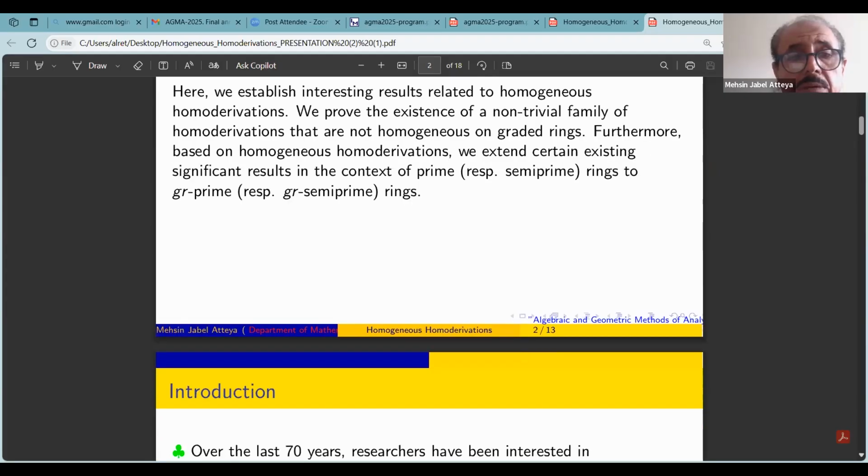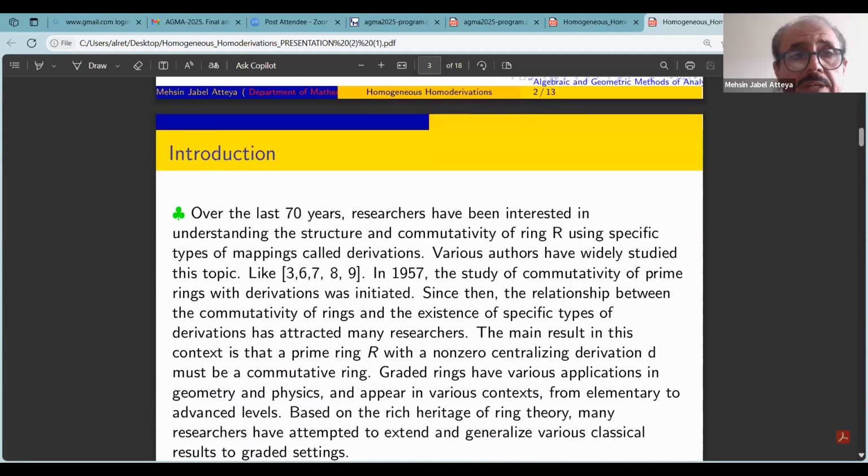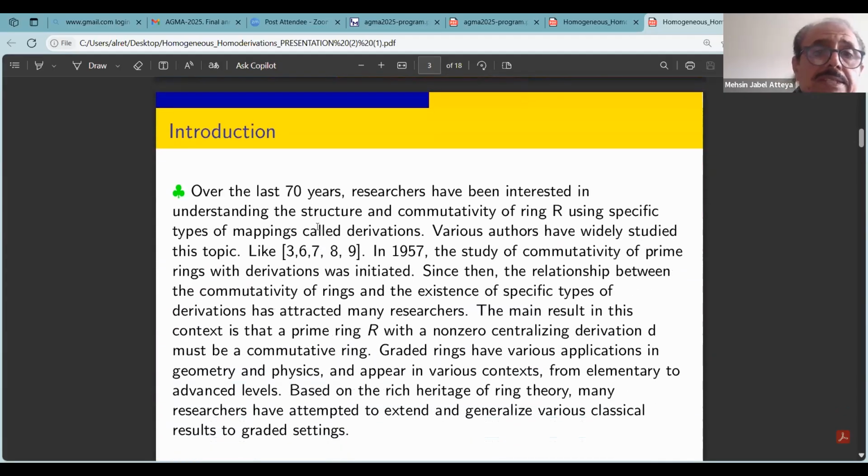As background, over the last 70 years, researchers have been interested in understanding the structure and commutativity of a ring R using specific derivations. Various authors have widely studied this topic, like references 3 to 9.